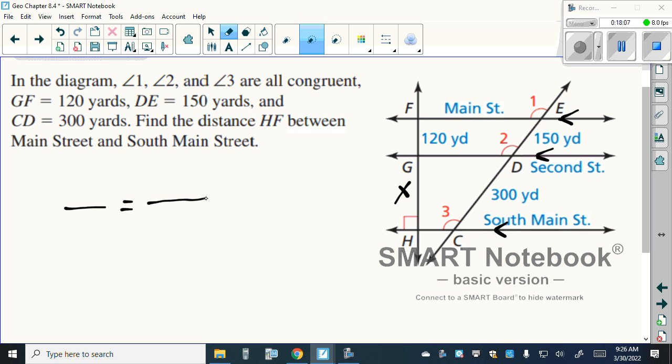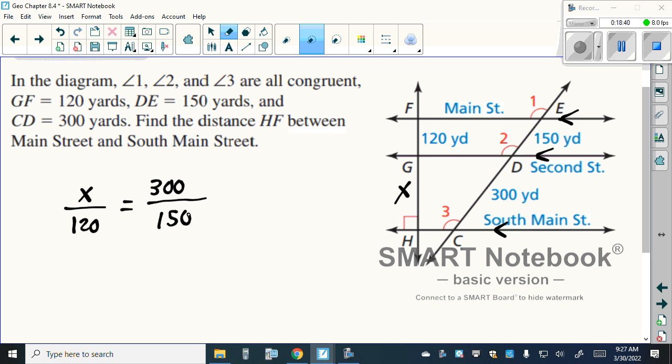And we can say x over what? So we can say x over 120 is equal to 300 over 150, because we used the length from G to H. Its corresponding side that's a part of it is from C to D, which would be our 300.